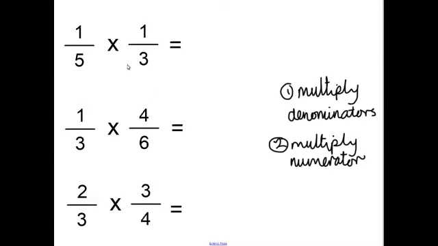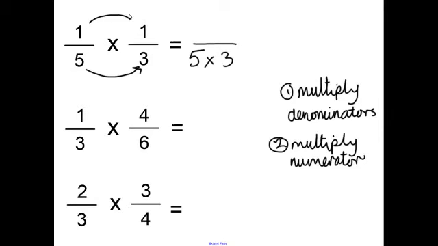Okay, so if we have a look at the first calculation here, we've got 1/5 multiplied by 1/3. So if we follow our steps here, we're going to multiply the denominators together. So let's find our denominators, 5 and 3. We multiply those together, so 5 times 3.